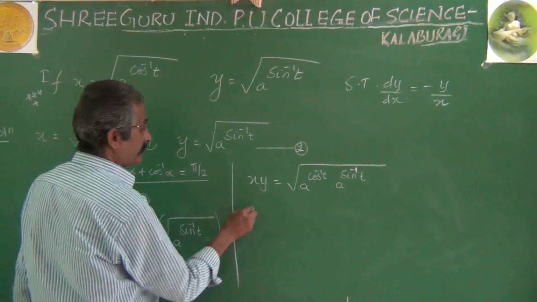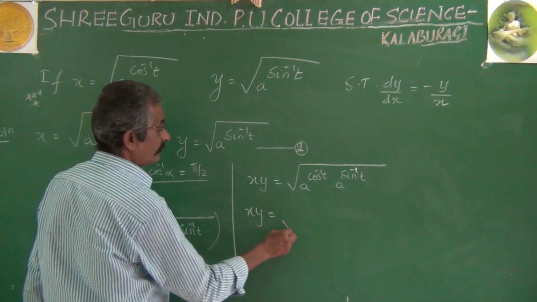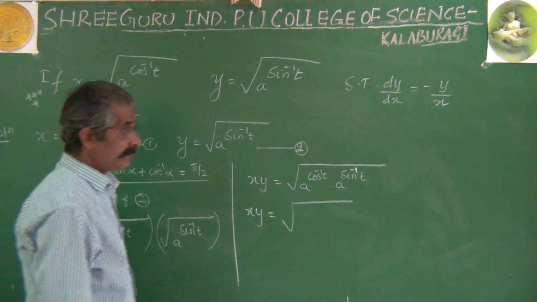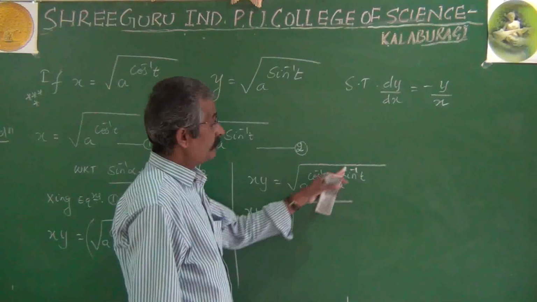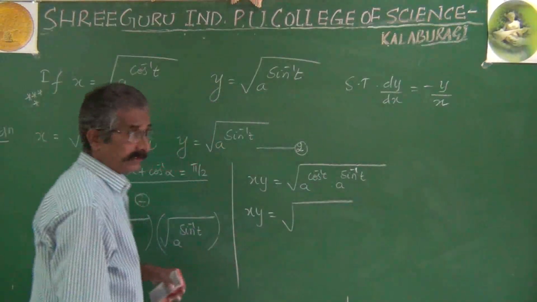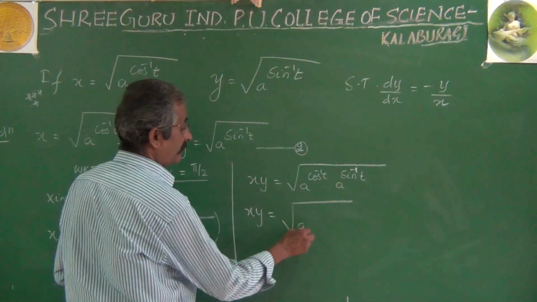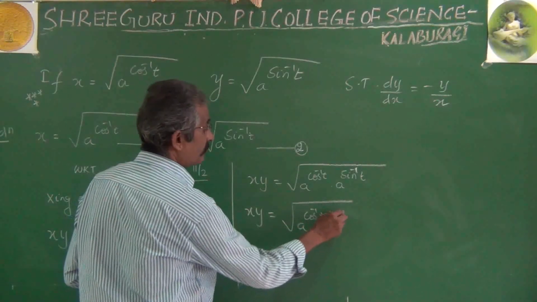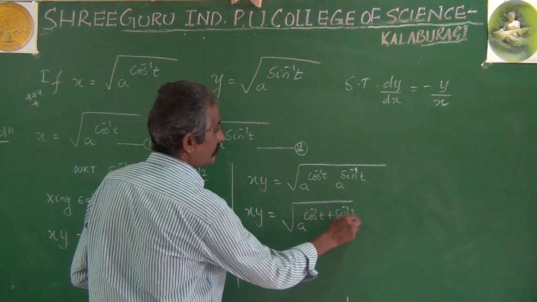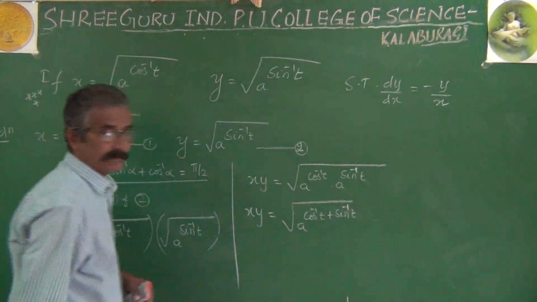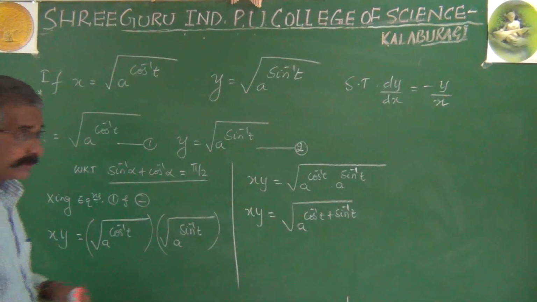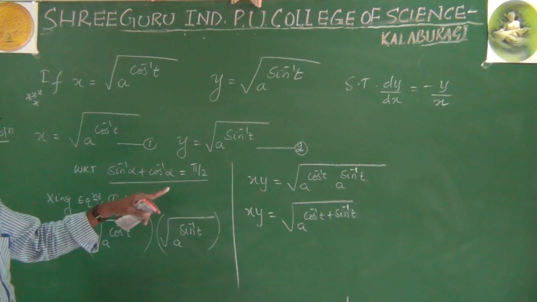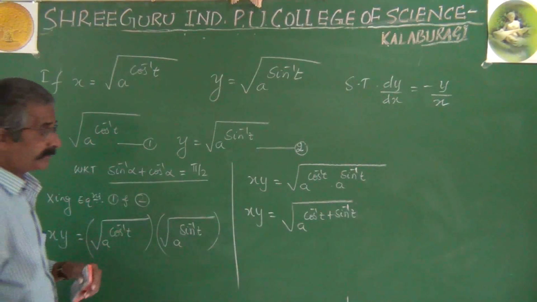Further, x into y equals square root of, by the laws of indices, a power m into a power n is a power m plus n, that is a power cos inverse t plus sin inverse t. But cos inverse t plus sin inverse t, by this well-known formula, equals pi by 2.